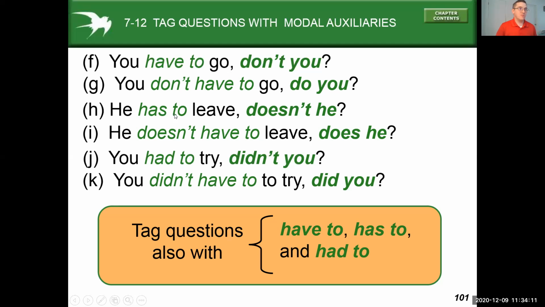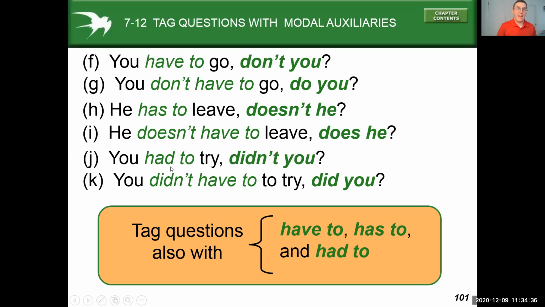He has to leave. The auxiliary, because it's he, would be does. So in the tag, we put in the negative form, doesn't. He has to leave, doesn't he? If it's already negative, we see that the negative modal doesn't is there. So the tag will be positive, does.